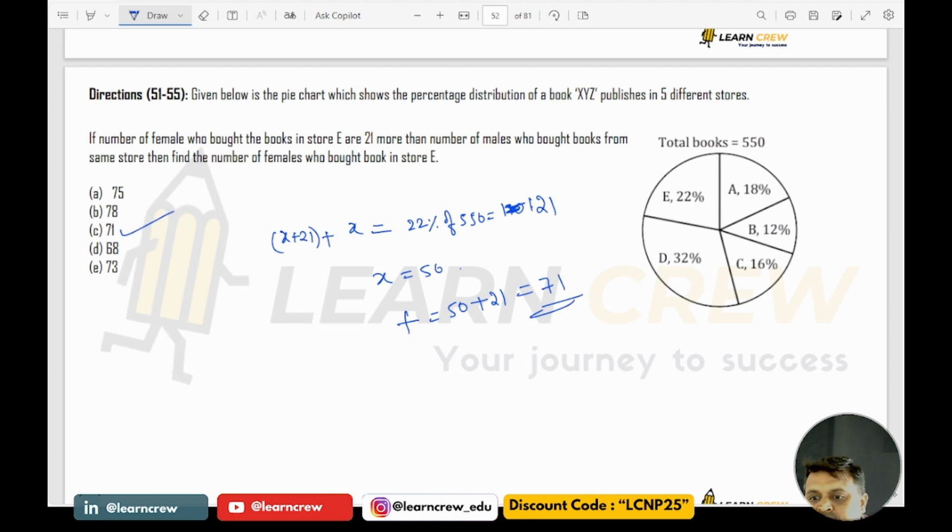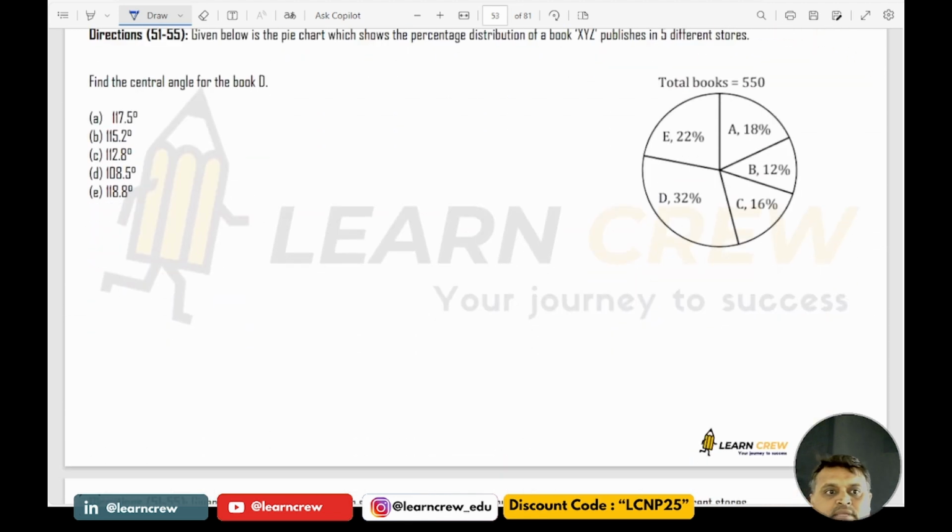So answer is 71. Next, central angle of D 32 percentage. If you see here, find the central angle of.